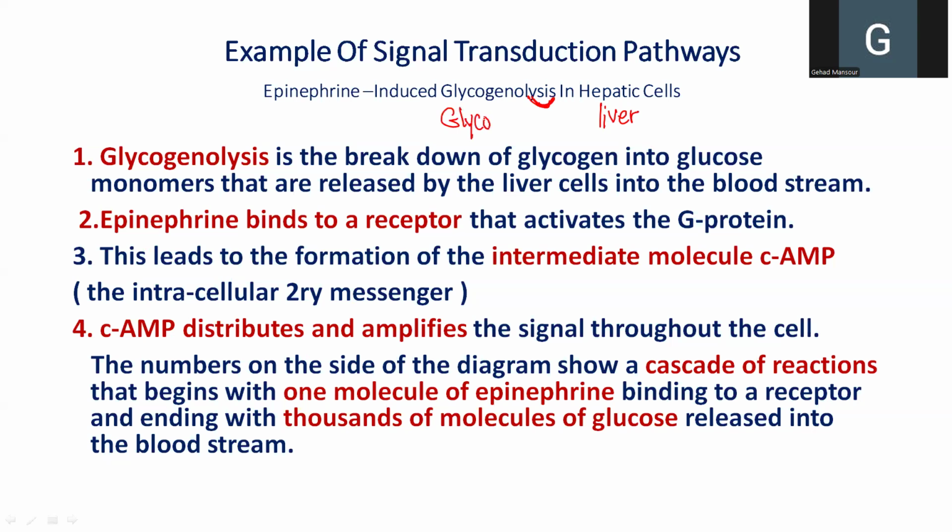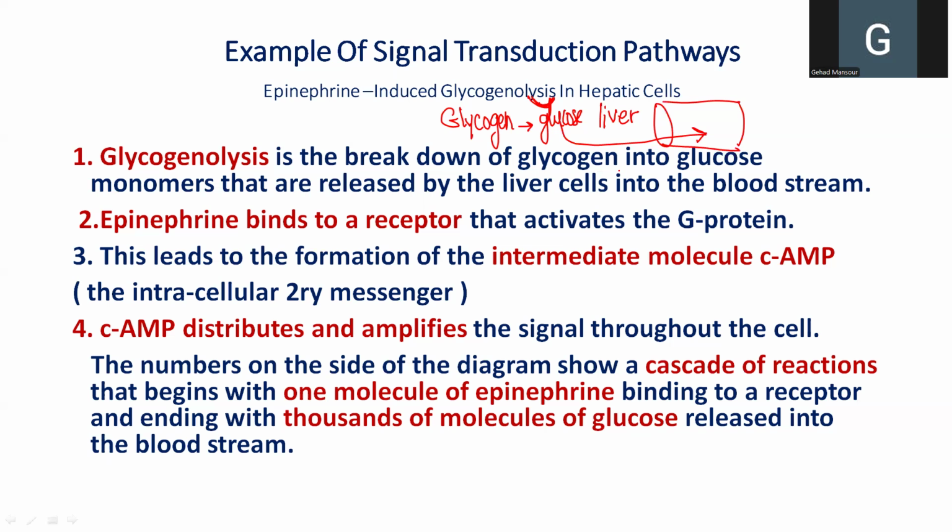This means that liver cells will hydrolyze glycogen into glucose, and this happens when the blood vessels do not contain enough glucose, and this glucose will be transported into the circulation. So liver cells do not do this on their own, but they do this under the effect of epinephrine hormone. So epinephrine is the hormone that will stimulate the signal transduction pathway that will result in glycogenolysis.